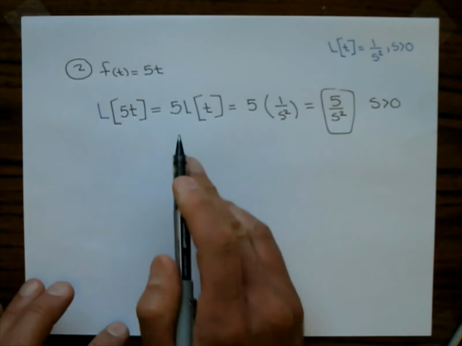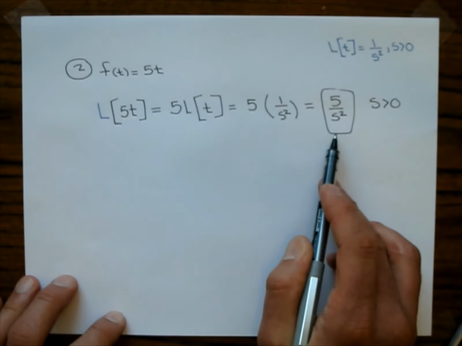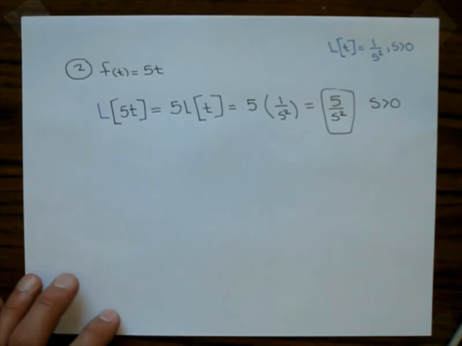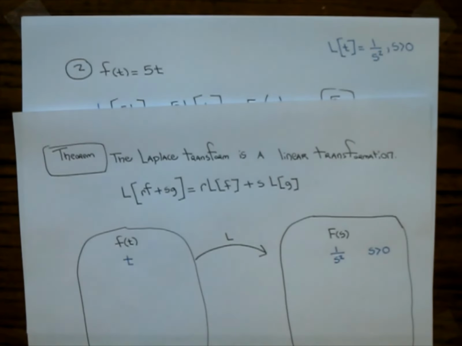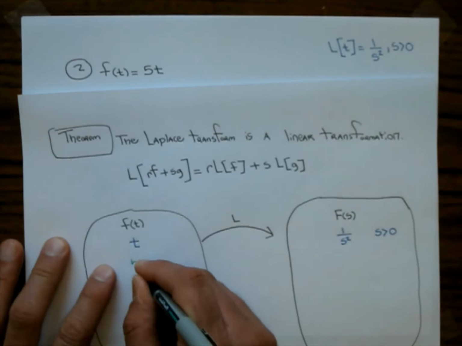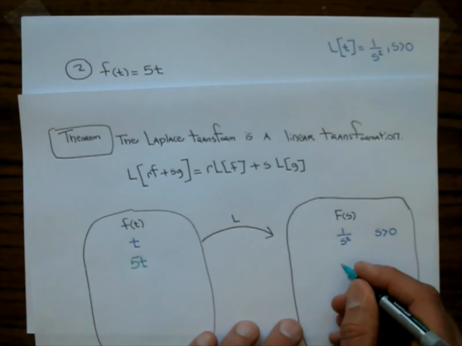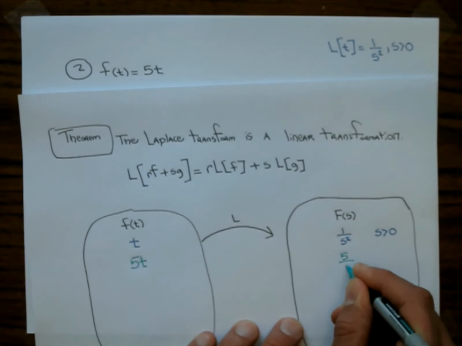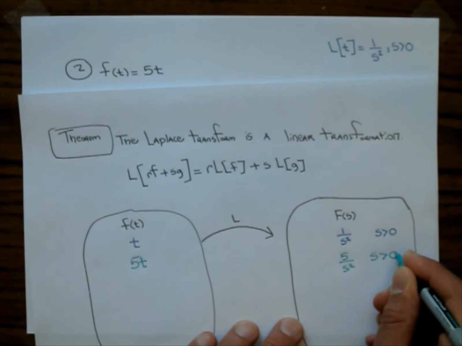So when you already know the transform of t and you put a 5 in front of it, it's just going to be 5 times that Laplace transform. And so going back to this diagram here, we had a 5t, and I'll write that in green. This gets Laplace transformed to 5 over s squared. s is greater than 0.